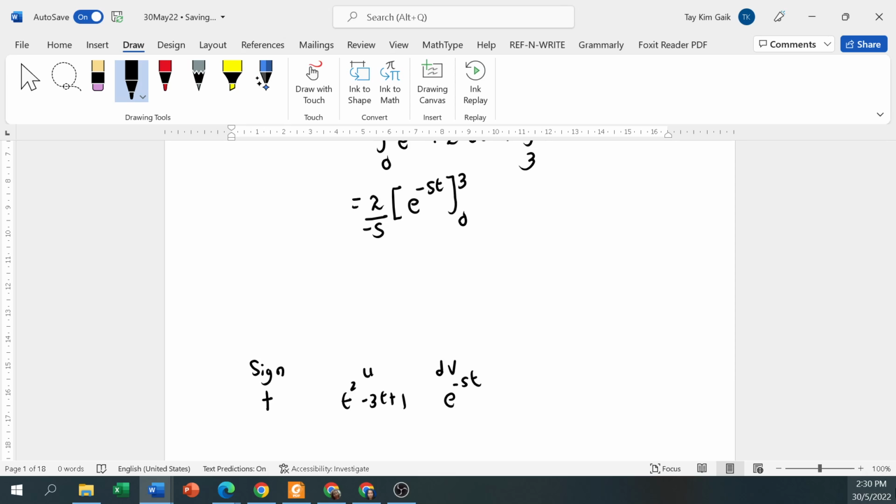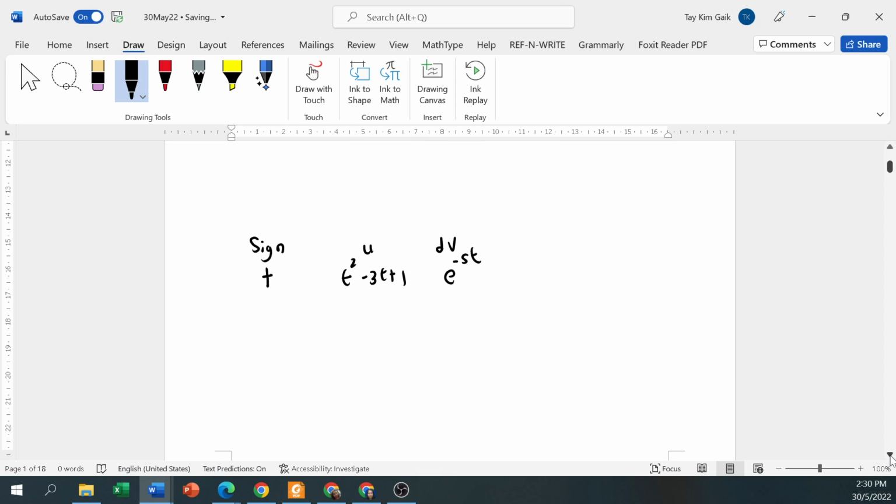For u, you differentiate until you get 0. The sign alternates, starting from positive and then negative. So you differentiate u and get du, 2t minus 3. For dv, you integrate in order to get v, so this is negative 1 over s e to the negative st. Then alternate plus.